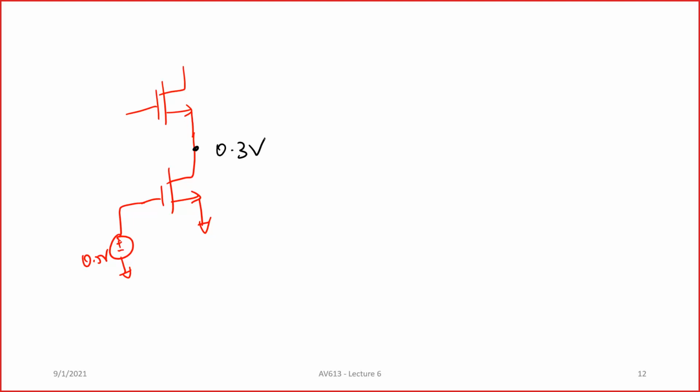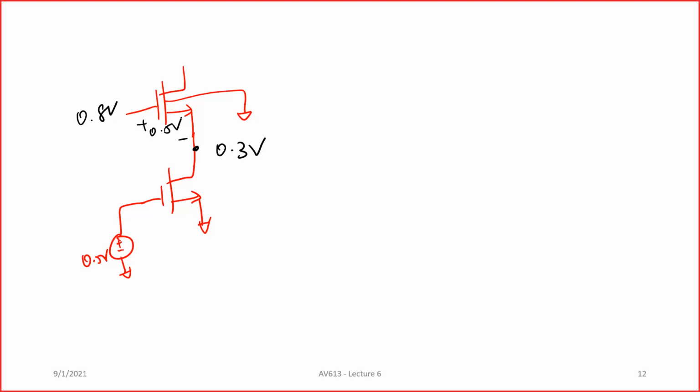Your bulk here is grounded. If you keep the same VGS, this is going to be 0.8 volt, which means the VGS for this is also the same. I'm just taking an example. It need not be the same. You can have different VGS also.